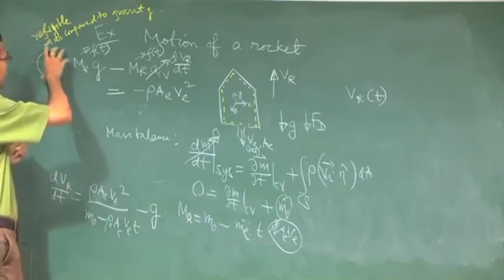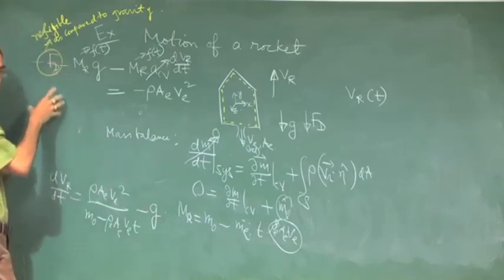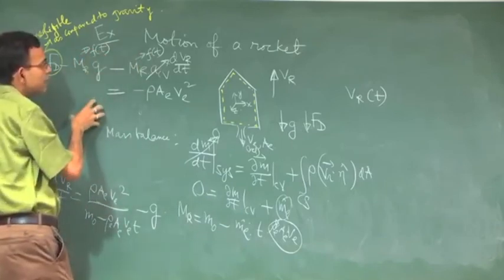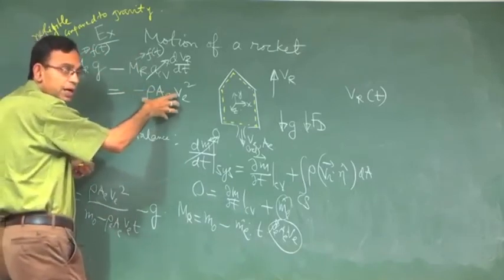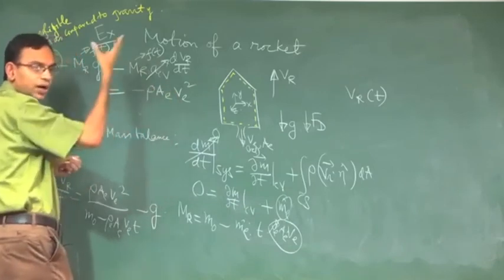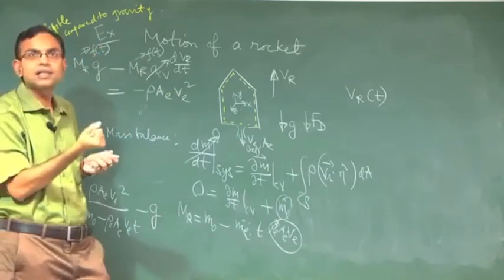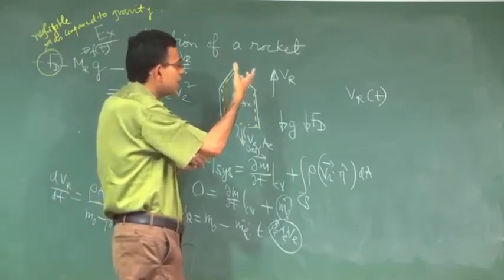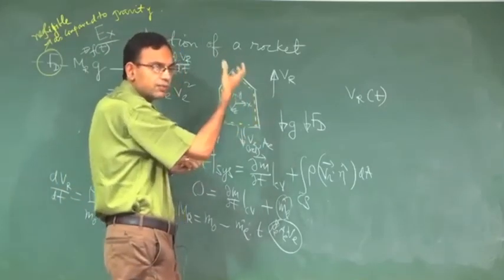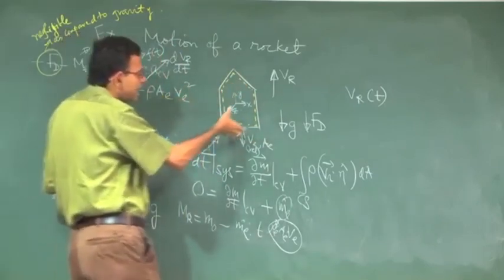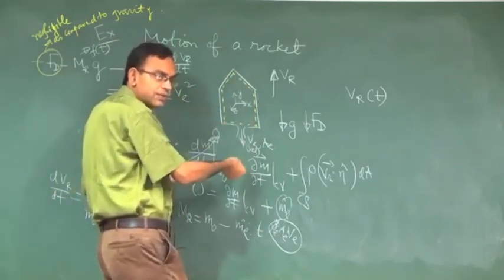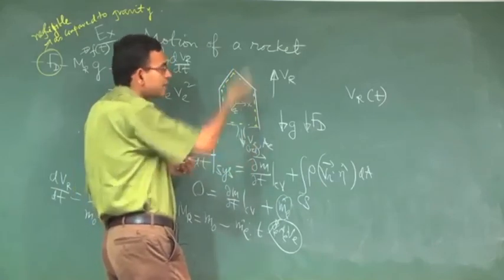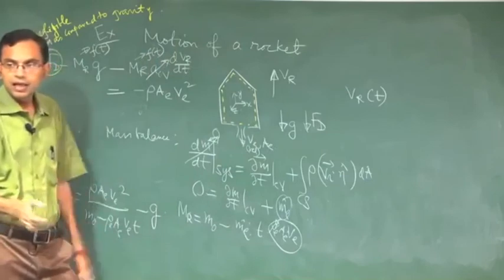So the role of the drag force is to bring it down, and the role of gravity is to bring it down, the role of the momentum flux is to make it go up. That is why in junior classes it is said that the rocket goes up by either Newton's third law or the conservation of momentum. What it essentially means is that there is a momentum flux that comes out that gives an upthrust in the opposite direction, and that brings the rocket up.